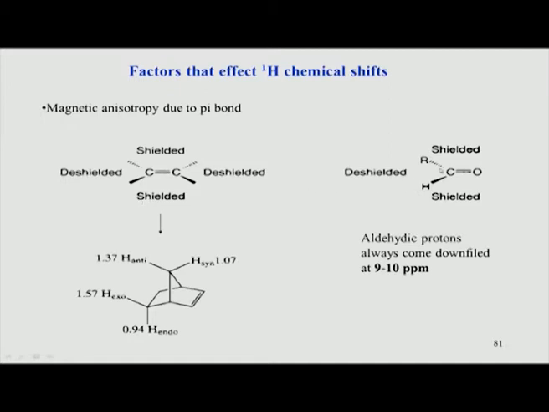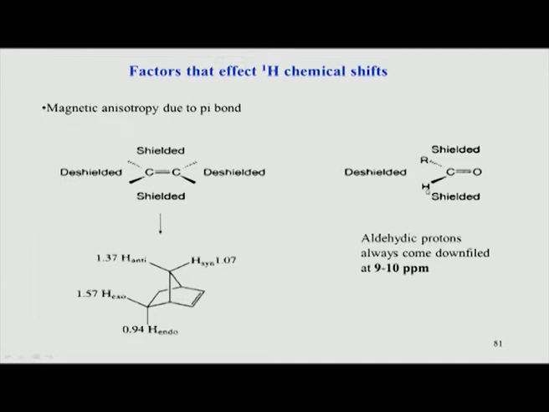Another very important functional group in chemistry is the carbonyl group, in aldehydes and ketones. In those systems, carbonyl, C double bond O, is a very anisotropic moiety. If you have any hydrogen coming on this side, it is in the shielded region, whereas this side is deshielded.